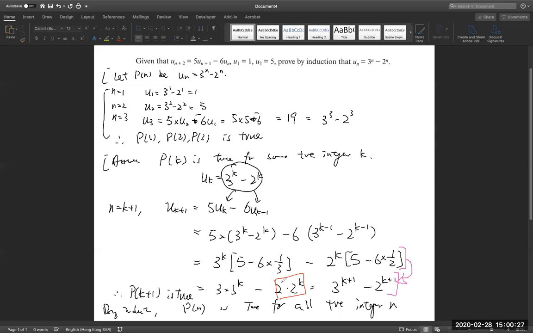That means 2 times 2 to the power 1 times 2 to the power k. Yeah, that's 2 to the power of k plus 1. But how did we even get to 2 times 2 to the power of k? 5 minus 6 times a half is 2. Oh yeah, okay, I see.